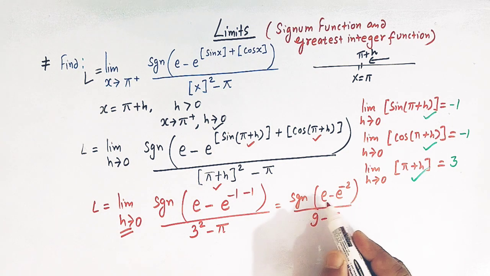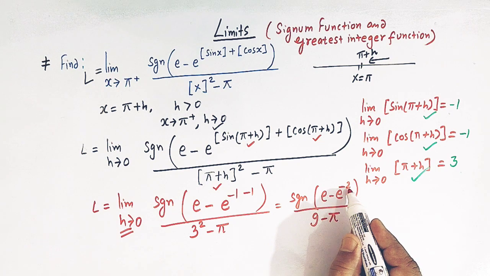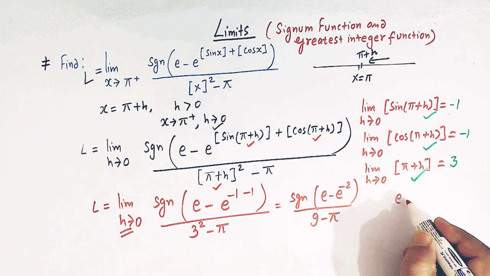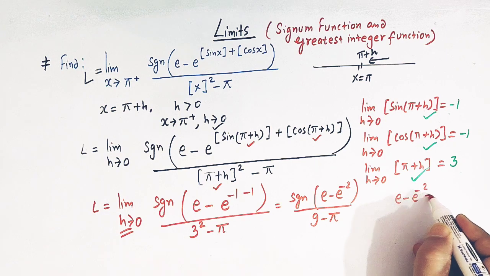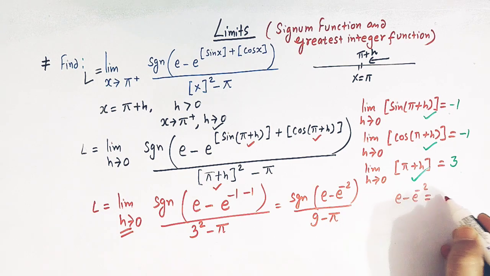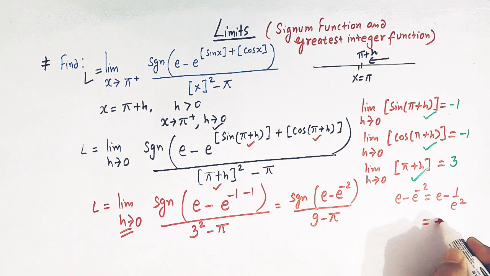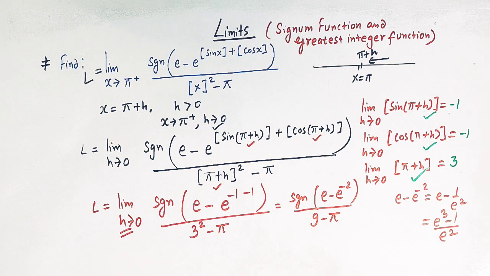And see, e minus e raised to minus 2 can be written as e minus 1 over e square. So this is e cube minus 1 over e square, right?